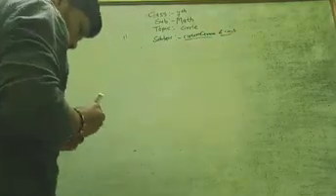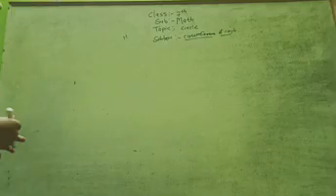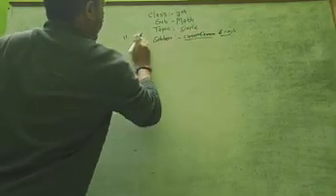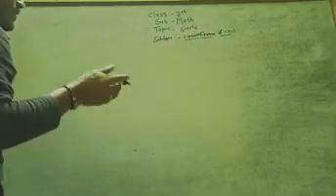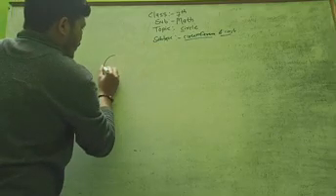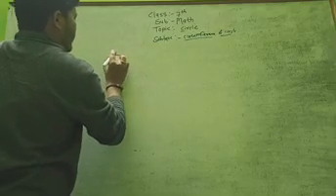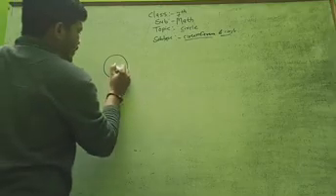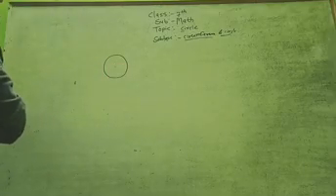Circumference of the circle. Okay, now what is a circle? A circle is a closed figure. This is a circle, with a proper center.